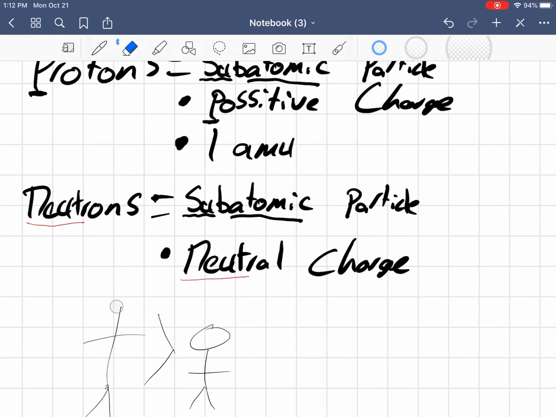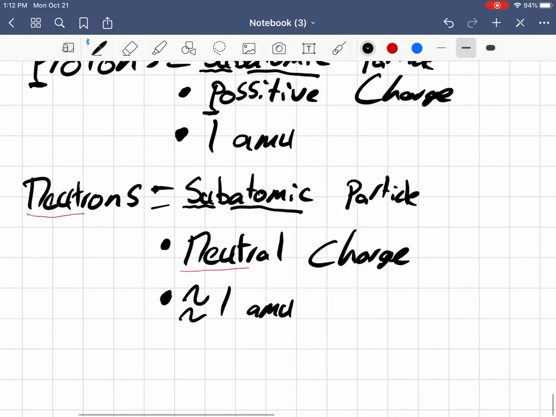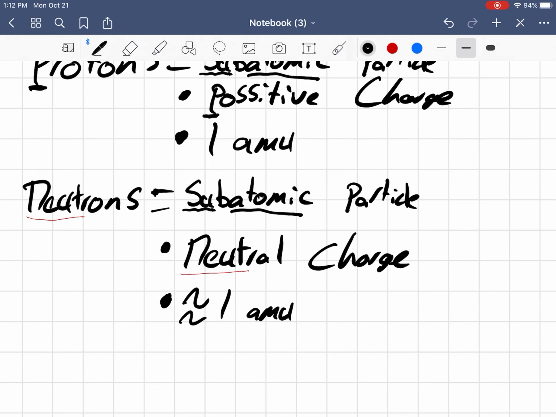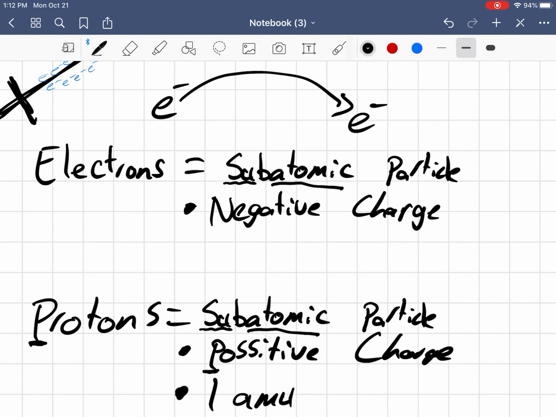Then neutrons have a mass of approximately 1 AMU, meaning that protons and neutrons are essentially the same size, though if we're being technical, neutrons are a tiny bit bigger. And then electrons have a mass of approximately 0 AMU, meaning that electrons are very, very, very small.